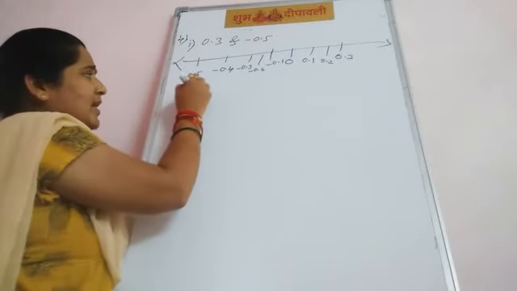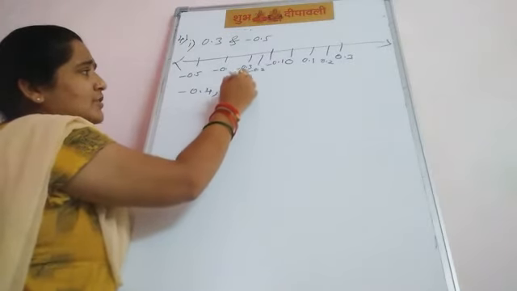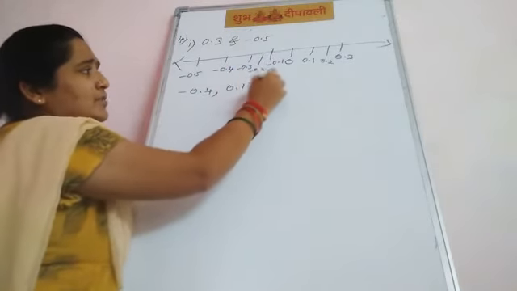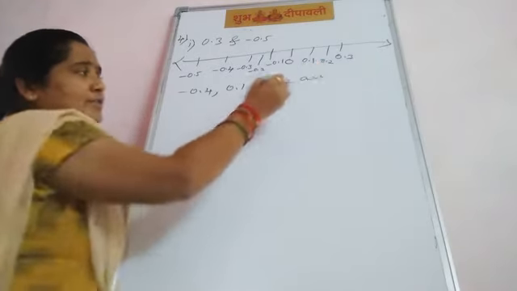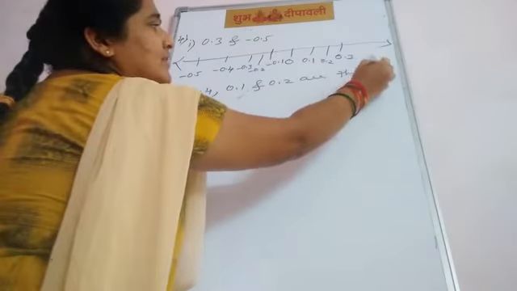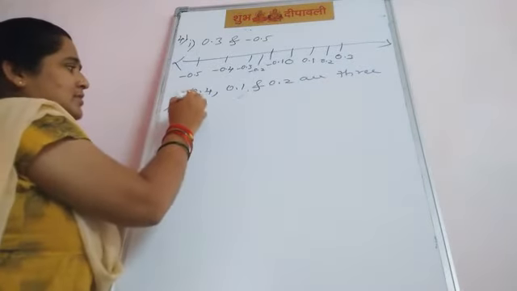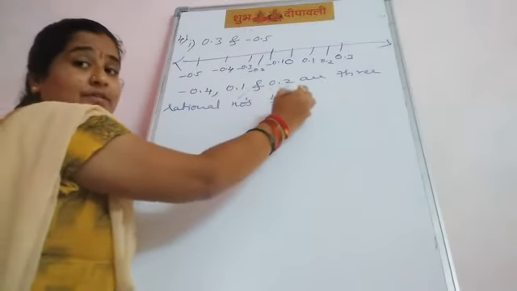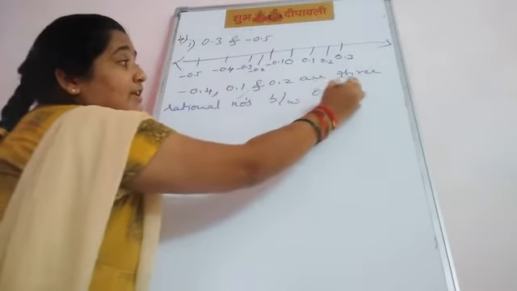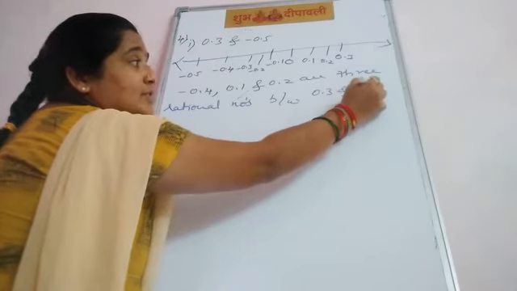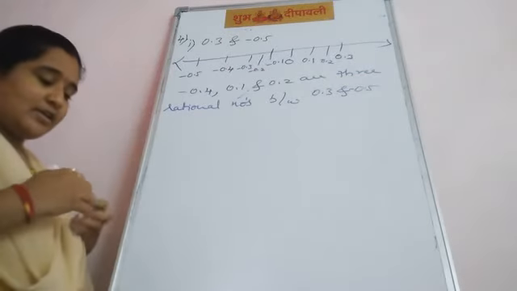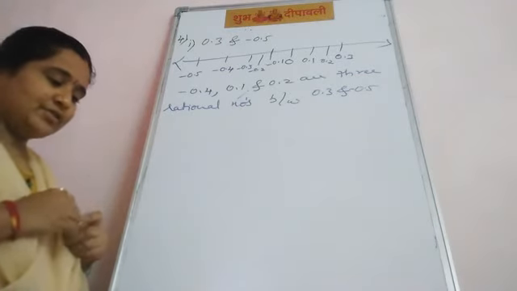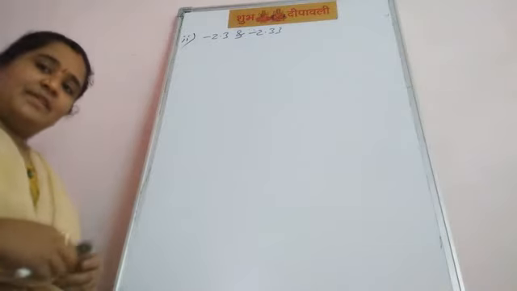So I am taking minus 0.4, 0.1 and 0.2 as three rational numbers between 0.3 and minus 0.5. Okay? Now, second question.